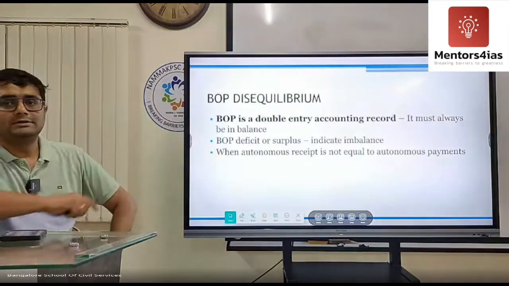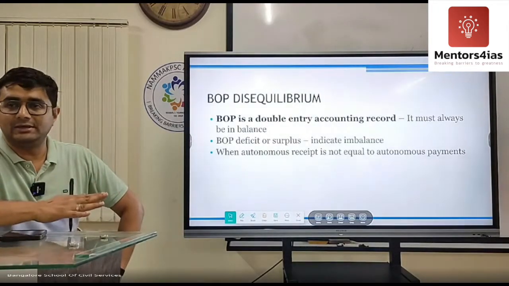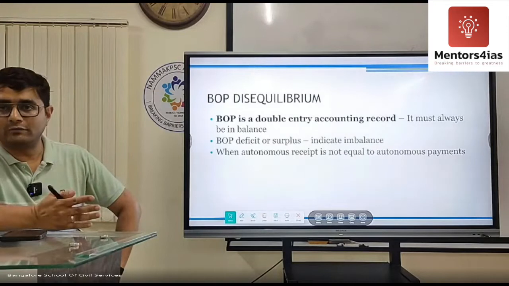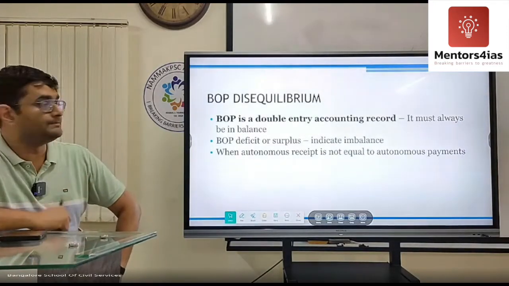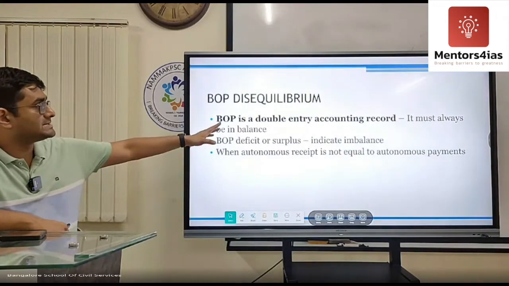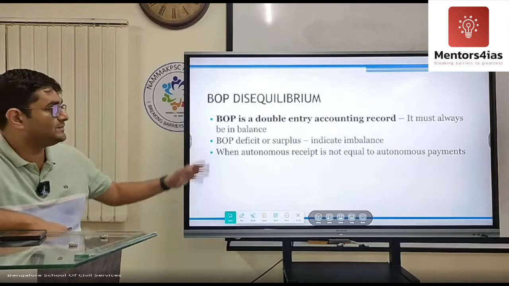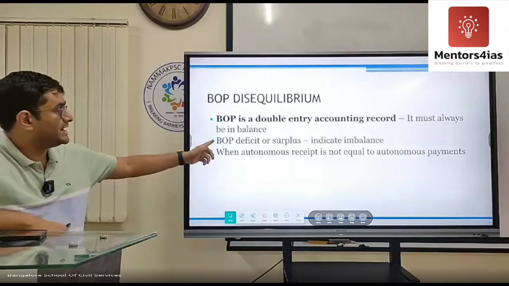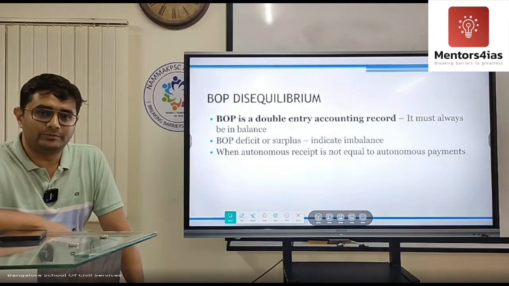So this situation where there is imbalance between the inflow and outflow is called balance of payment disequilibrium. Balance of payment is a double entry accounting record. It must always be balanced. So a deficit or surplus indicates imbalance in BOP.